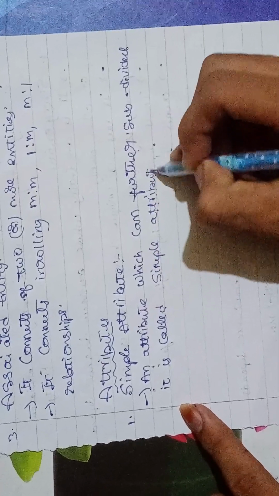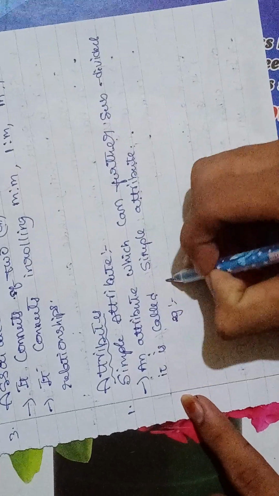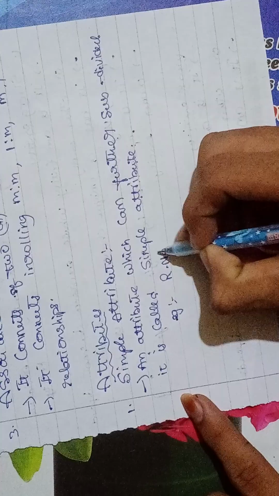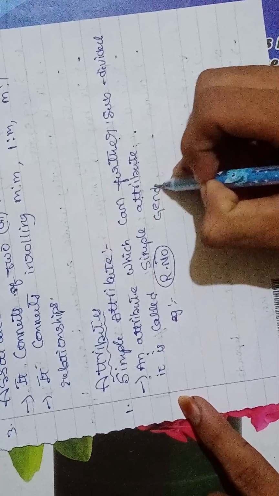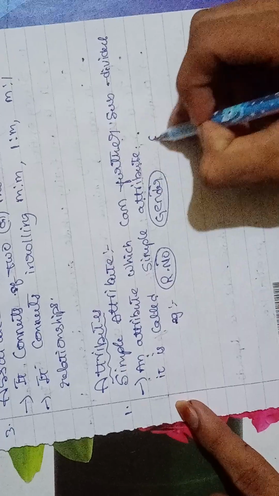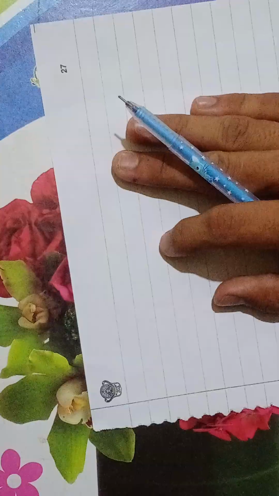Examples we can see are roll number, gender, class. Yes, so many examples are there.